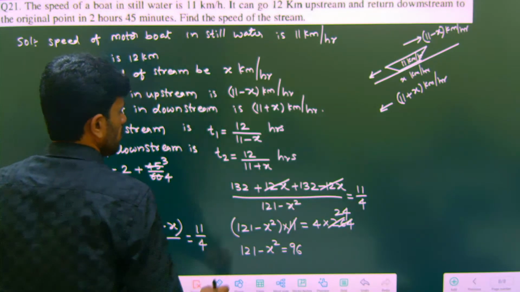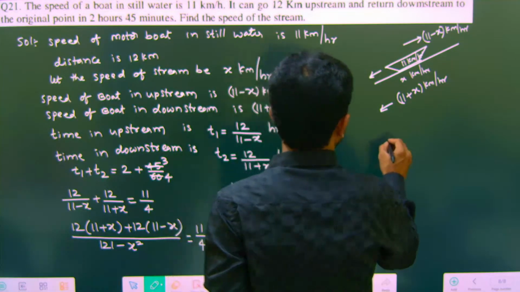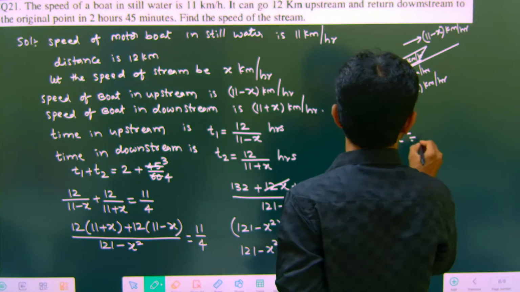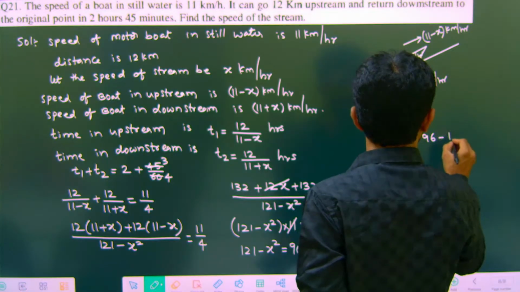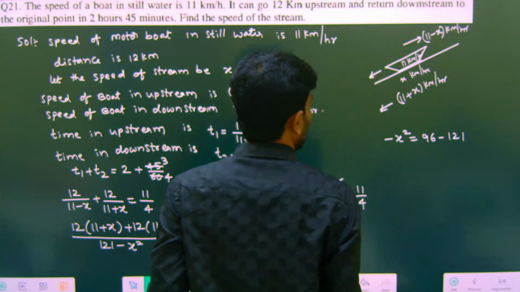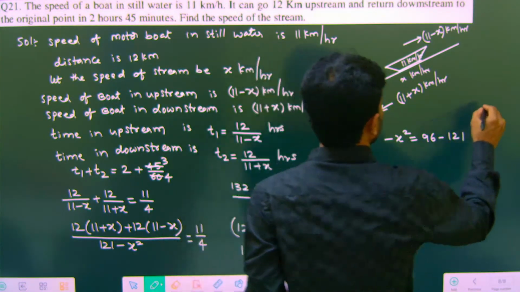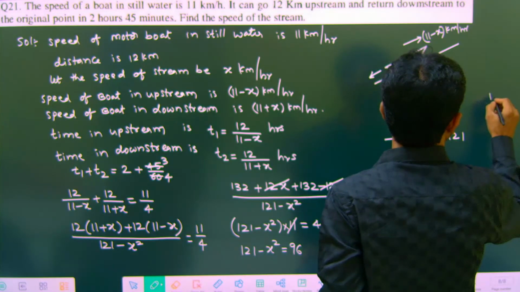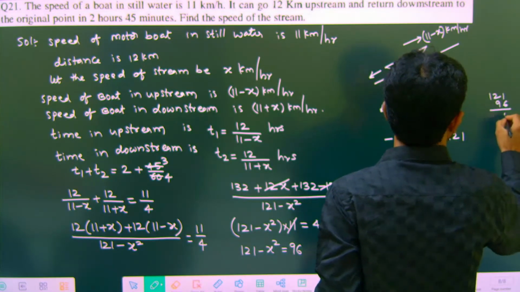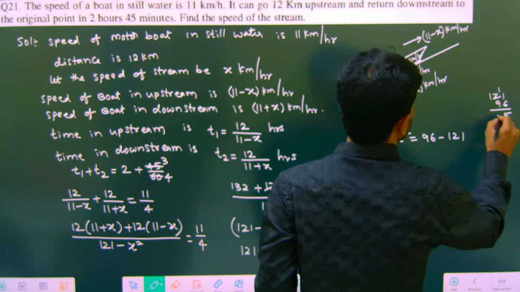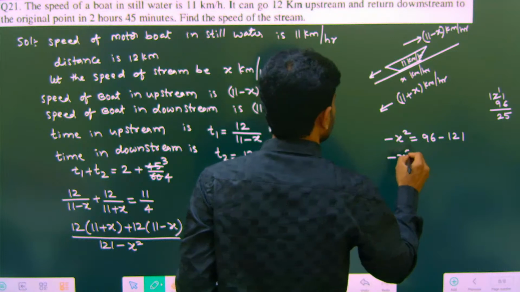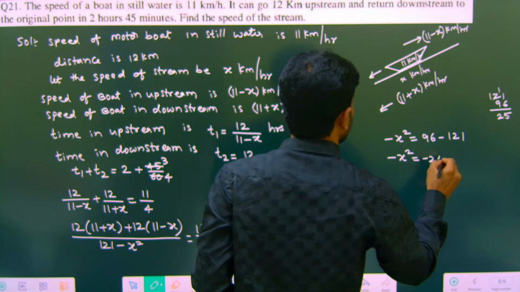4 into 24 is 96. Transpose 121 to that side. Then minus x square is equal to 96 minus 121. How much is it? 121 minus 96 is 25. So minus x square is equal to minus 25.